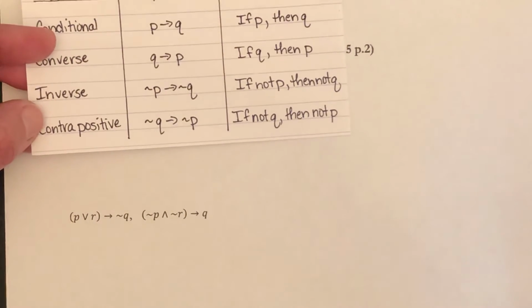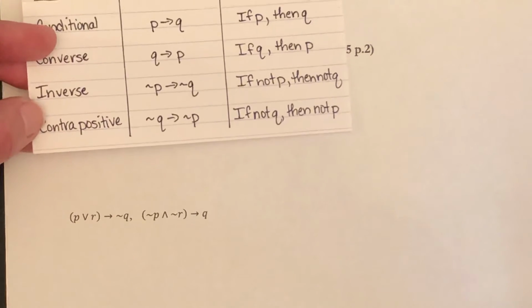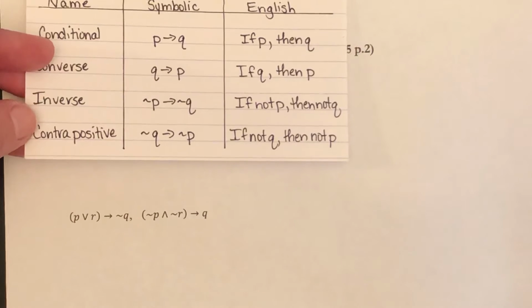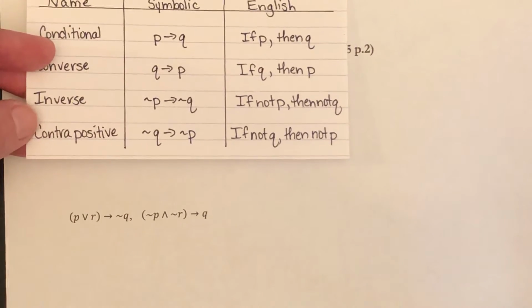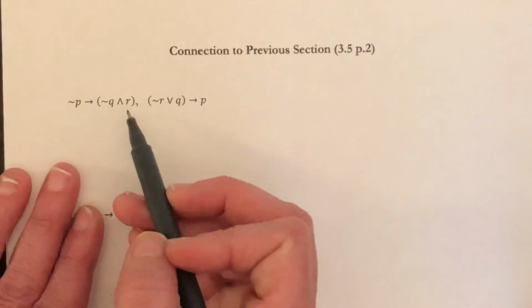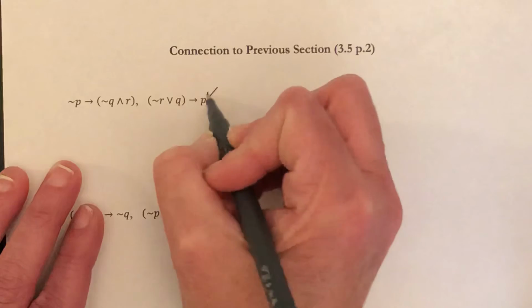Don't be afraid to try something. If you are wrong, you can back up and try something else. You know, you're learning this. You aren't expected to see your pathway all the way through these problems from the very beginning. So what I'm going to do here is let's just take this one, and I'm going to use contrapositive on this.